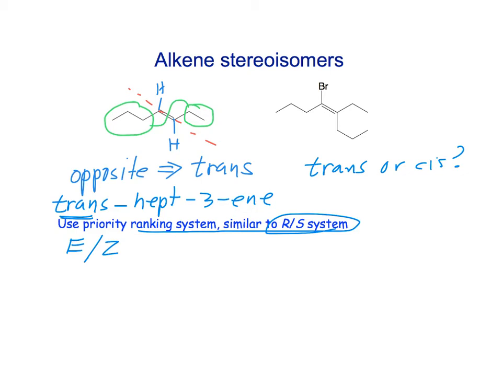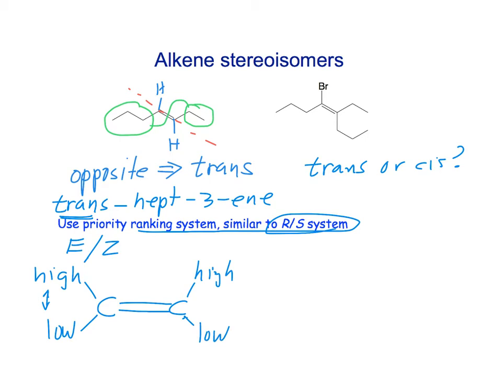Okay, so R and S. How this system works is that on each end of the double bond we're going to have 2 different groups, and we're going to rank those 2 groups. So if on this end we rank 1 as being high and 1 as being low, all right, so these are ranked to each other. And then on the other side, we might have this one ranked high and this one ranked low.